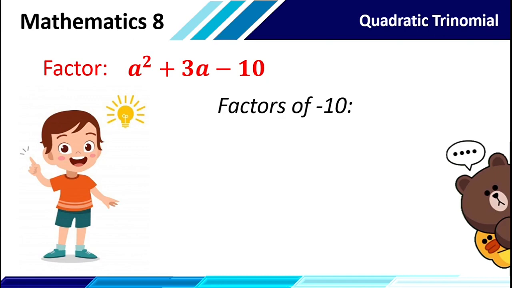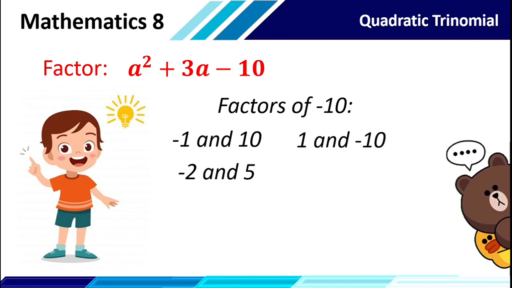Therefore, we proceed on listing down all the factors of negative 10. We see that our constant term is negative. Therefore, we will list down all the factors with opposite signs. So we have negative 1 and 10, negative 2 and 5, 1 and negative 10, and lastly, 2 and negative 5.